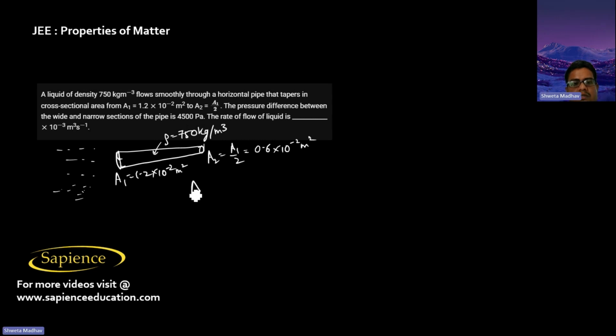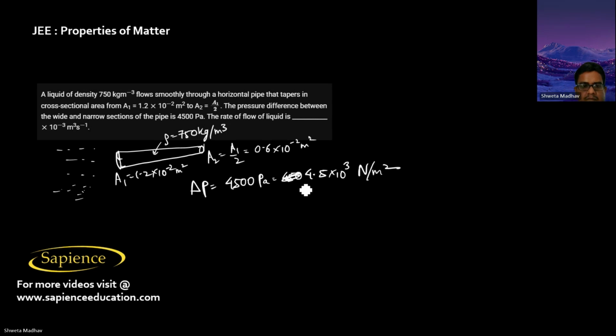So the pressure difference, that is 4,500 Pascal, or I can say 4.5 into 10 power 3 Newton per meter square. And the rate of flow of the liquid is dash into 10 power minus 3 meter cube per second. So the answer will be how much?